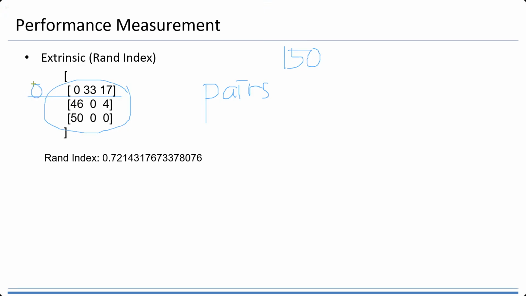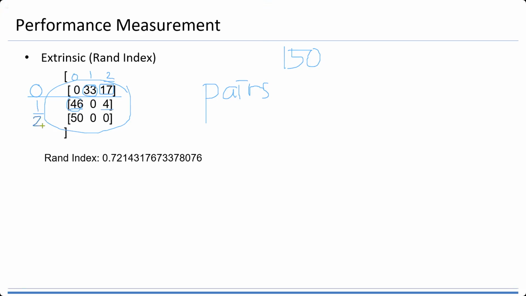The index 0 here is setosa, and the setosa belongs to cluster 1; there are 33. The setosa belongs to cluster 2; there are 17. The index 1, or label 1, I think this is versicolor, belongs to cluster 0; there are 46. And the versicolor belongs to cluster 2; there are 4.